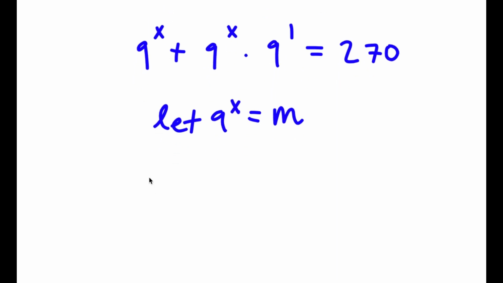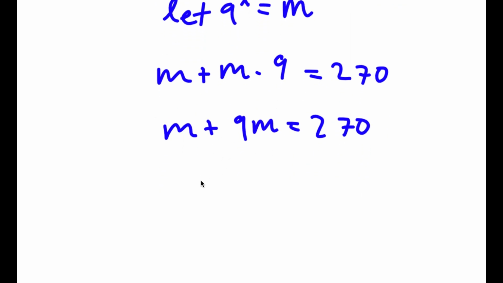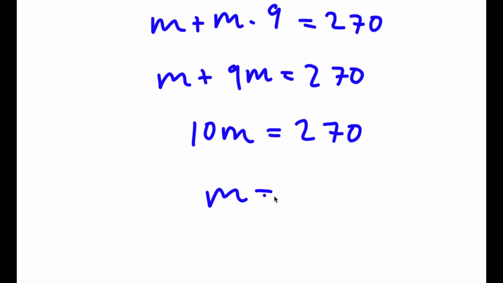So now I have m plus m times 9 is equal to 270. M times 9, that's simply 9m, so I have m plus 9m is equal to 270. 9m plus m, that's 10m, so I have 10m is equal to 270, meaning m is 27.